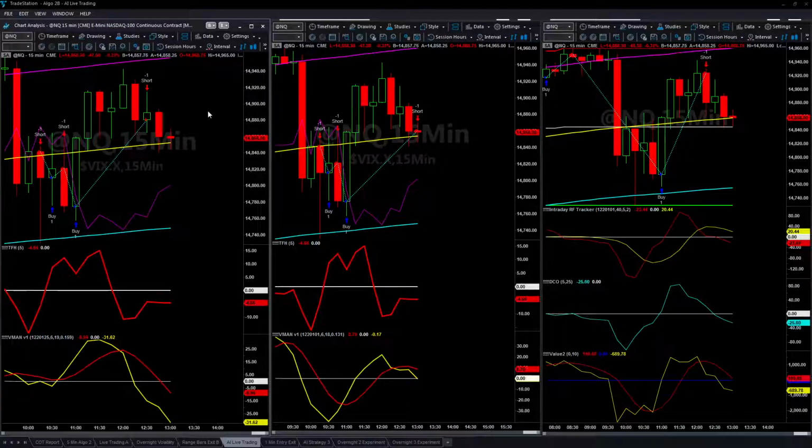So right now we're trading the Nasdaq 100 futures live. I am short 2 contracts on this position right now. And again, guys, what you're looking at here on your screen is only for educational purposes. I share my screen only to illustrate how I trade my algorithm, souped up charts that I have here for the Nasdaq 100.